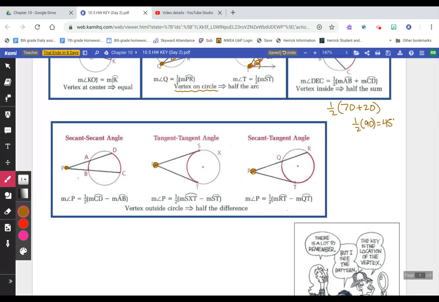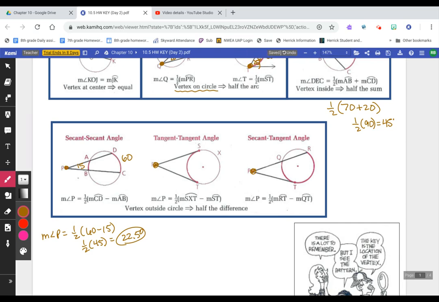So let's just say we did an example like this on Friday in your notes, but let's say this was 60 and this was 15. So then angle P would be 1/2 of 60 minus 15, which is 1/2 of 45. So your angle would be 22.5 degrees. Same thing with all of these.